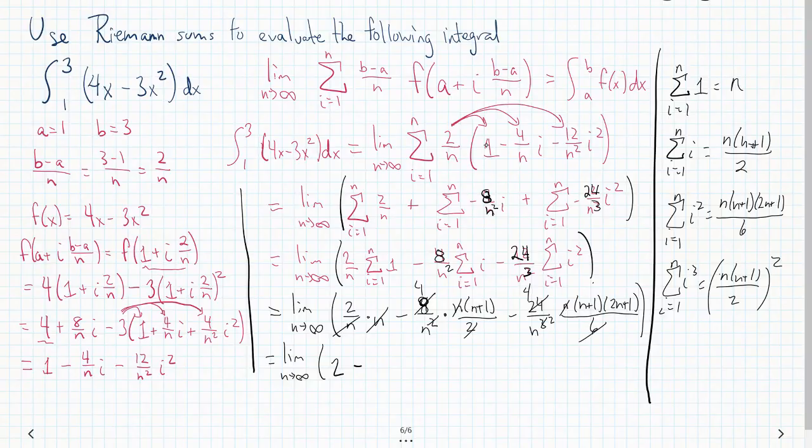Well, that's convenient. So we have 4 times n plus 1 over n, and then minus another 4, and then another way for us to write this will be n plus 1 over n, and then we'll multiply the 2n plus 1 all over n as well.